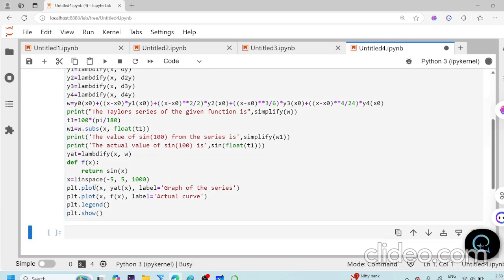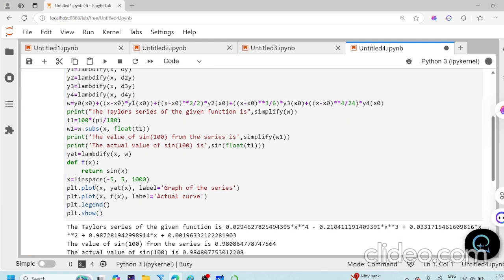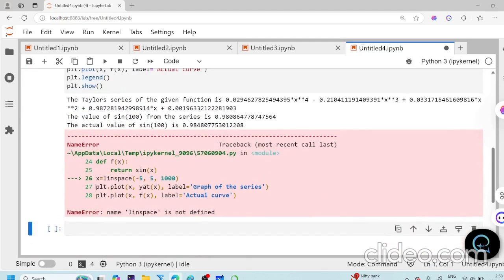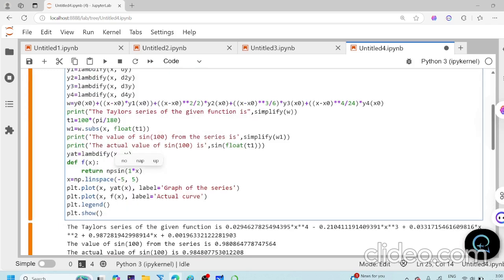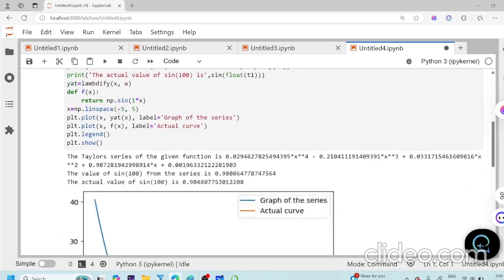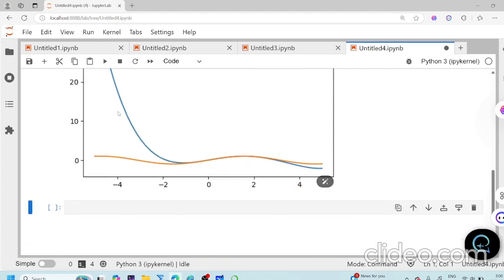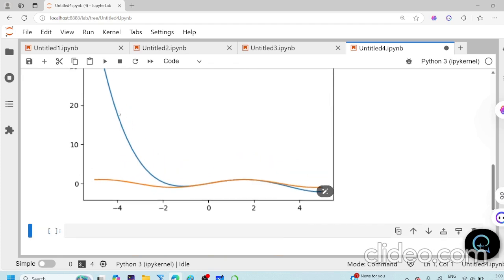Let me check for a minute. Linspace right here, np dot sin of 1 star x. Now let me run the program. Yes, we got the graph here, but it is taking arbitrary values for y.